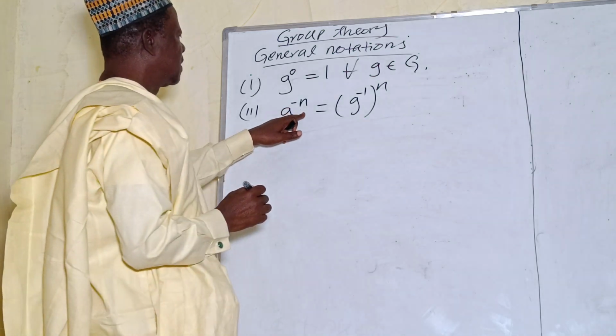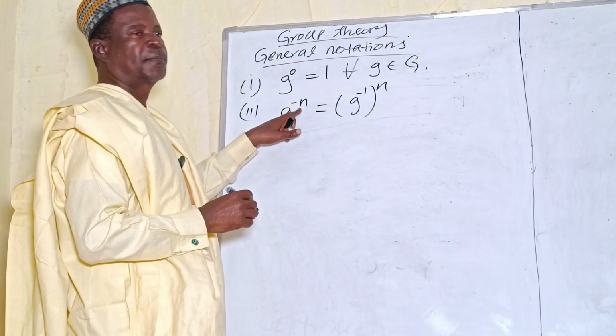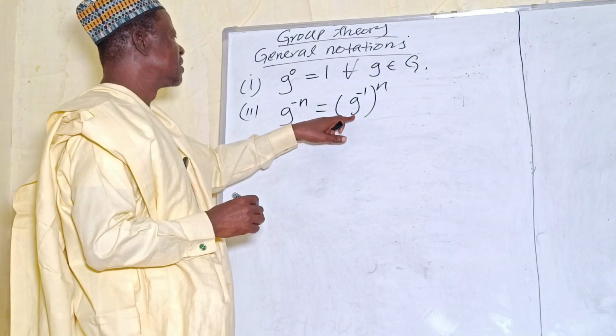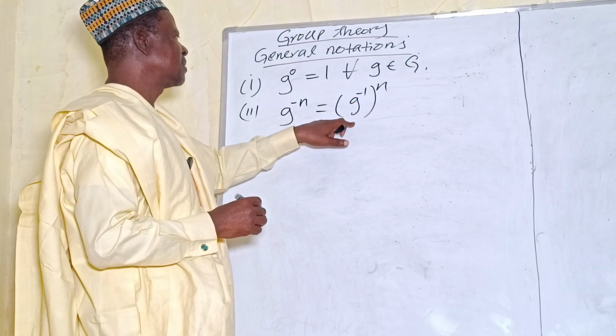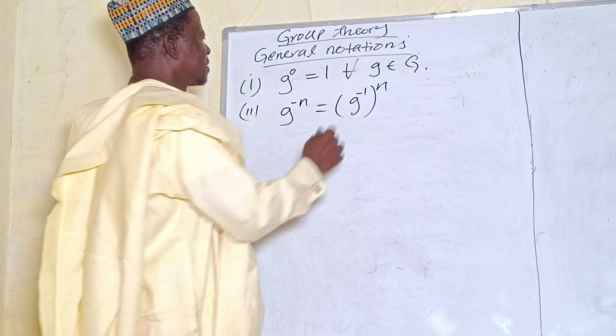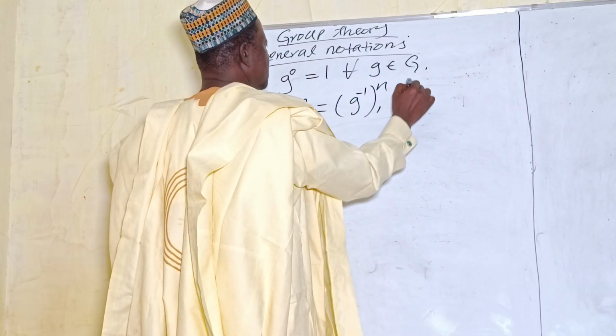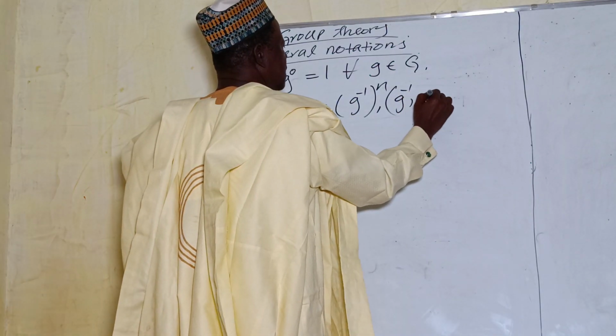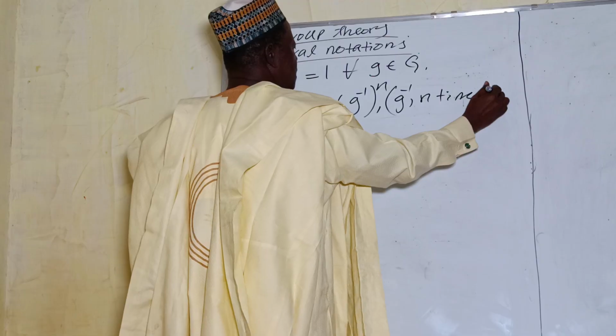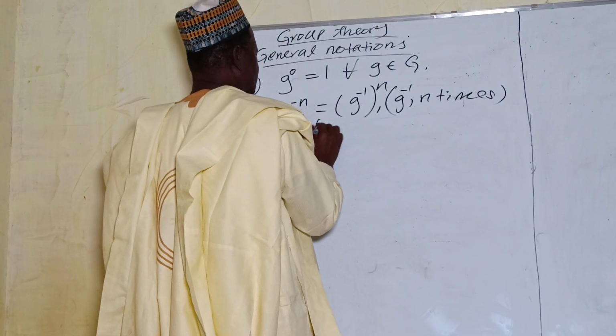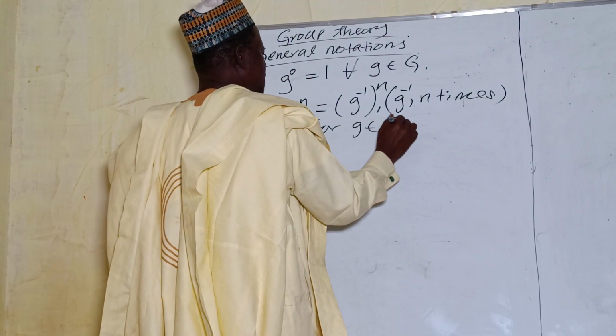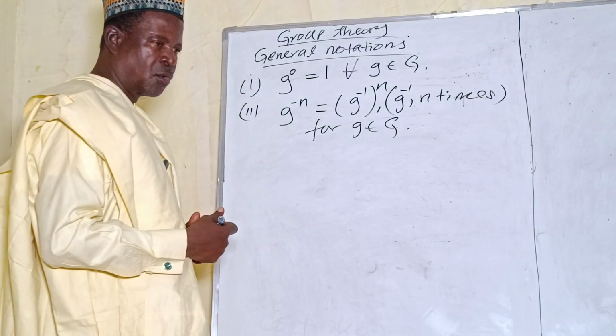So g raised to the exponent minus n will be the same as g inverse n times, for still g an element of the group.